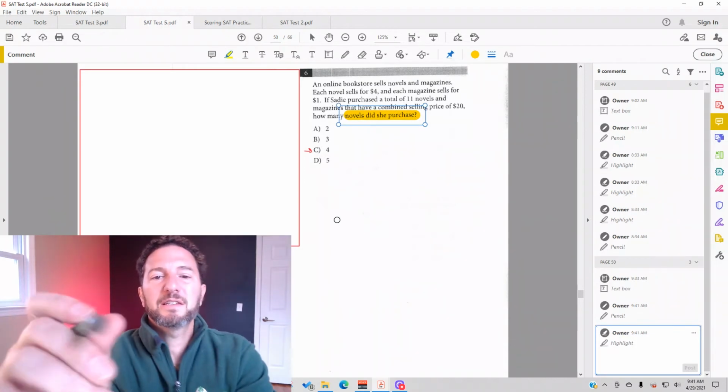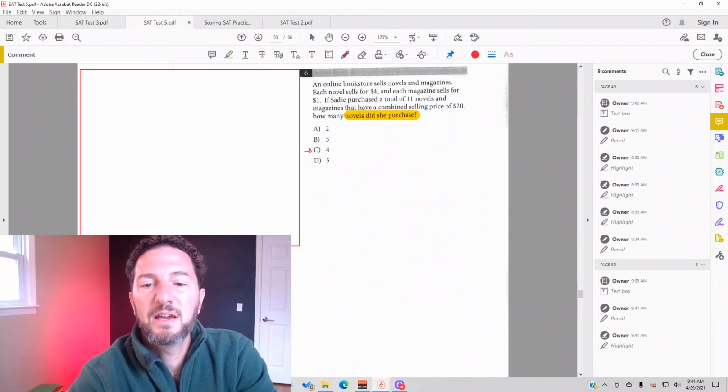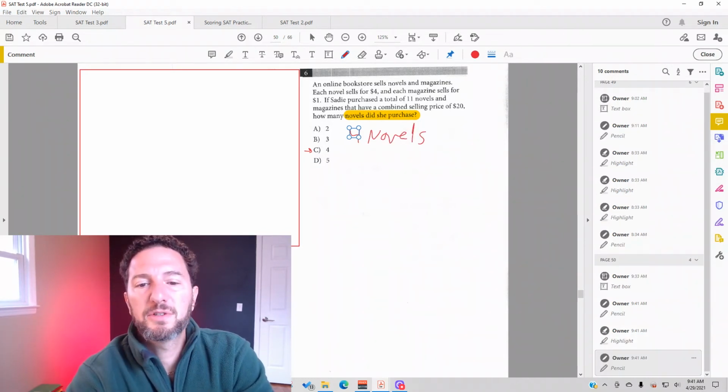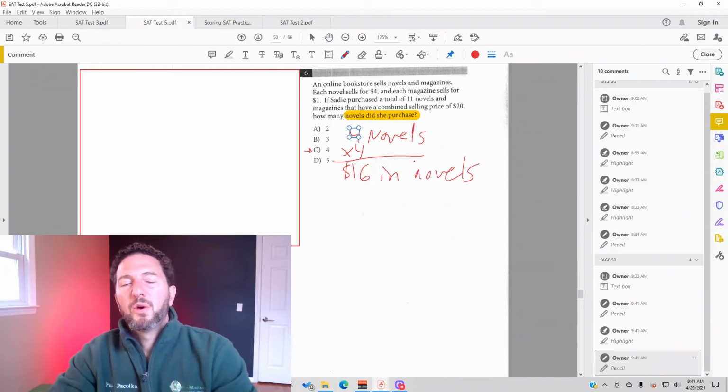So let's say if we're testing out answer choice C, that would be 4 novels. And it says that novels are $4 each. So if I multiply by 4, then I wind up with $16 in novels. What does that leave you with?